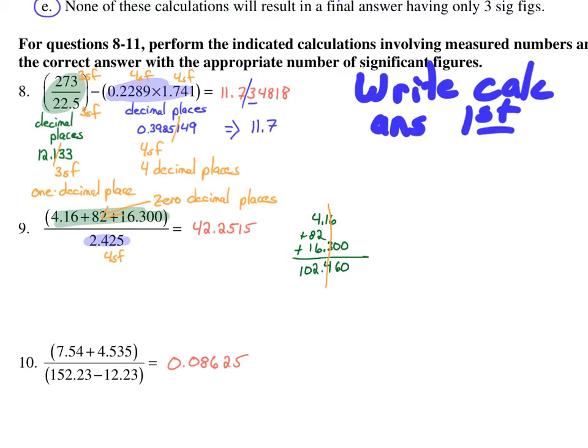With 0 decimal places, our result contains 3 sig figs. So we have a number with 3 sig figs divided by a number with 4 sig figs. We're limited to 3 sig figs, and our final answer, the first number we dropped is 5, so we round up, and our final correctly reported answer is 42.3.